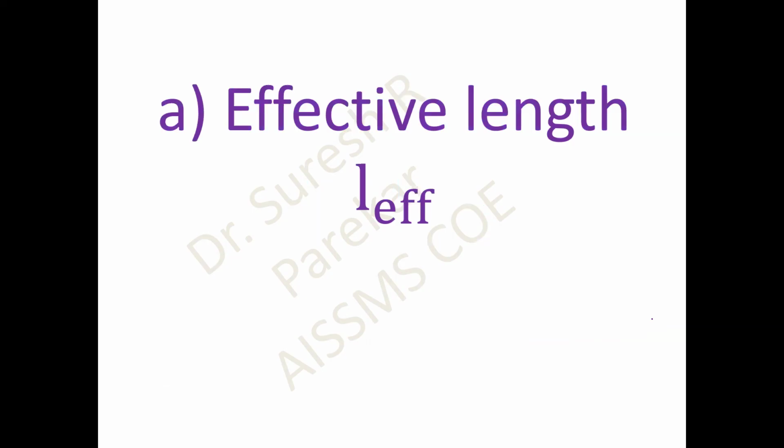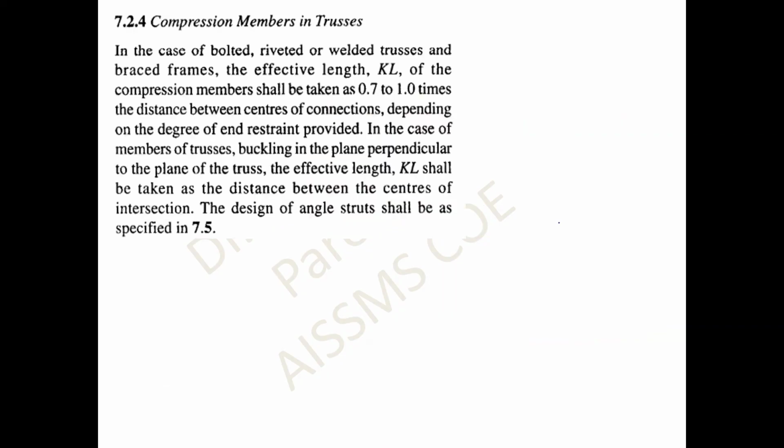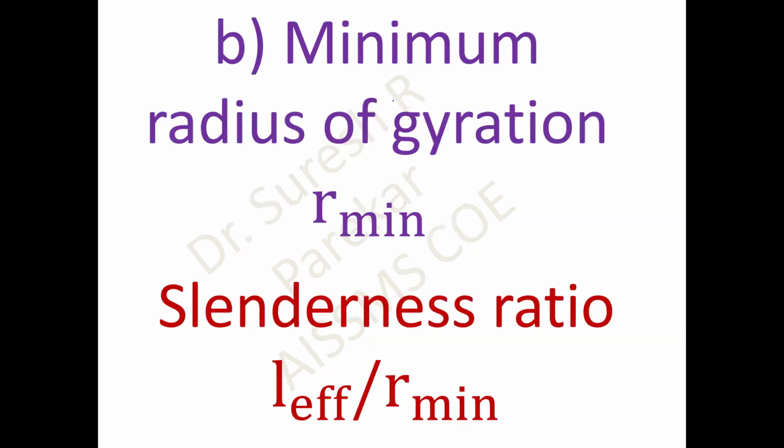In this we first have to calculate the effective length, L effective. For L effective we have to use 7.2.4, which is given for compression members in trusses, where the value ranges between 0.7 to 1. So 0.7 generally we take for welded connection, and 0.85 we take for bolted connection. So for these two we are going to use that, compression members in trusses.